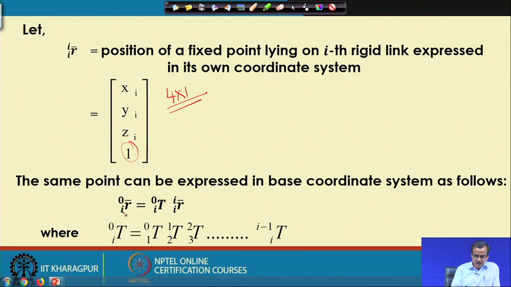Now, this particular expression, let us try to concentrate. This is how to relate the position of the ith particle lying on the ith link with respect to the base coordinate system, provided I know this r I with respect to I. So, what I will have to do is multiply T I with respect to 0, that is the transformation matrix of I with respect to the base coordinate frame, by r I with respect to I. And all of us know, and we have studied in kinematics, that this T I with respect to 0 is nothing but T 1 with respect to 0 multiplied by T 2 with respect to 1 multiplied by T 3 with respect to 2 and so on, and the last term is T I with respect to I minus 1.